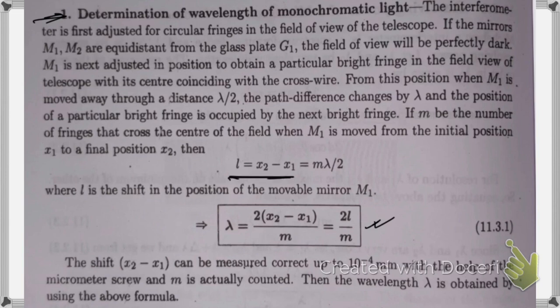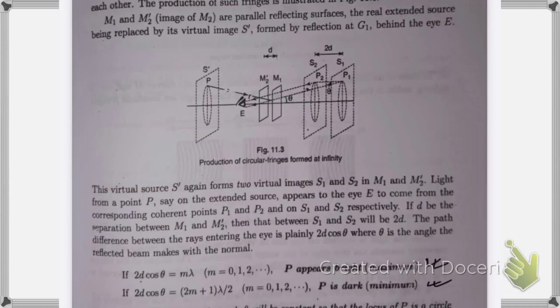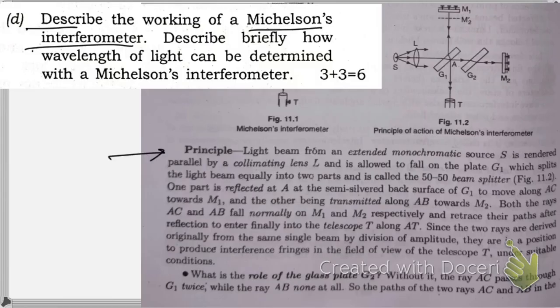This is the changing position of mirror M1. Let me go to the diagram here. This is the mirror M1, and it is moved from position x1 to x2. Then the displacement is given by L equal to x2 minus x1.